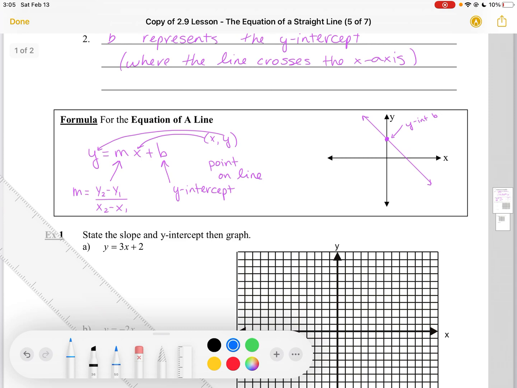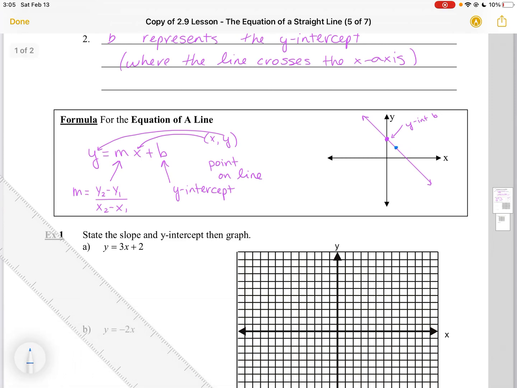And then if I change colors, I can choose 2 points on the line, draw my rate triangle between my two. The height is going to be my delta y, the run is going to be my delta x, and I can find my slope using the change in y over the change in x.